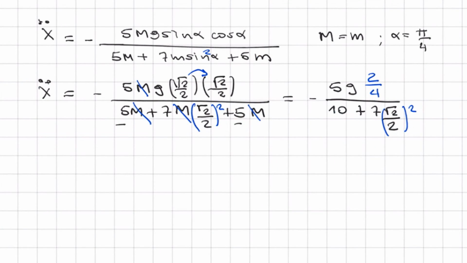Let's do something here real fast. I get x2 dots equal to minus 5g. This is 1/2.